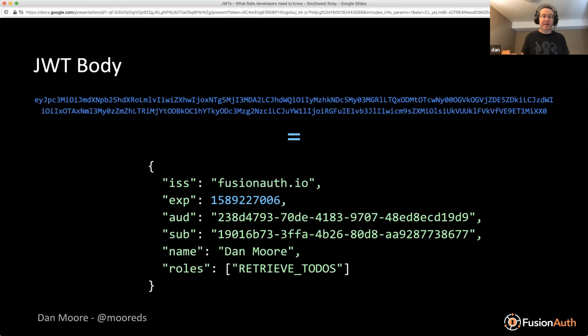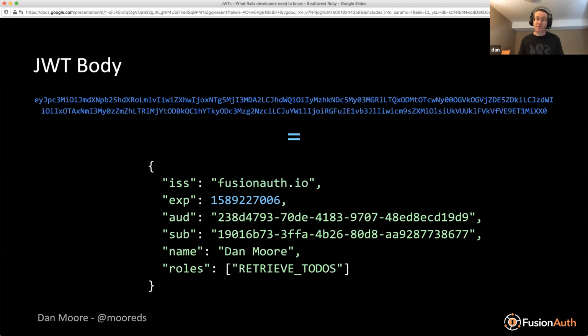This is an example of a body. And again, this is base64 encoded. There are three types of claims. There are standardized claims, there are public claims, I think they're actually called registered claims, and then there are private claims. Standardized claims are, as you'd imagine, defined in the standard.